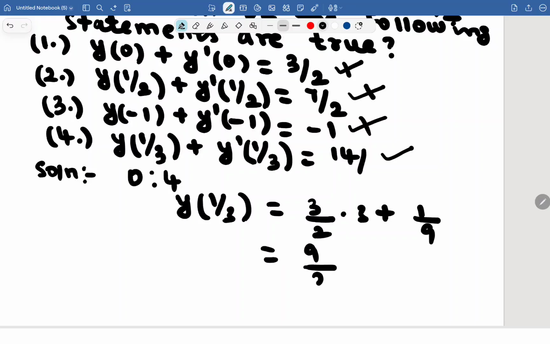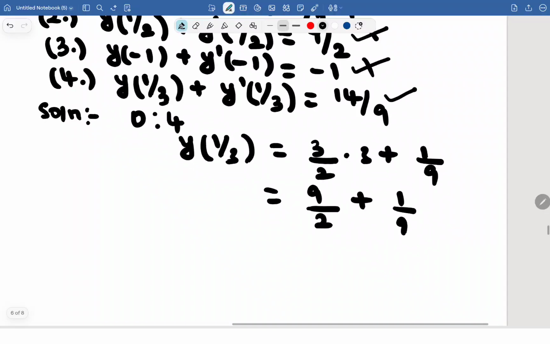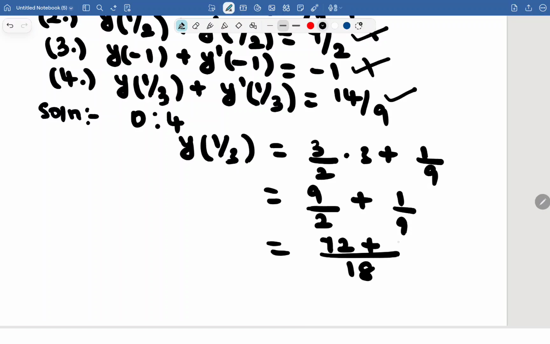It is 9 by 2 plus 1 by 9. Eight nines are 72 plus 2, 74 by 18.